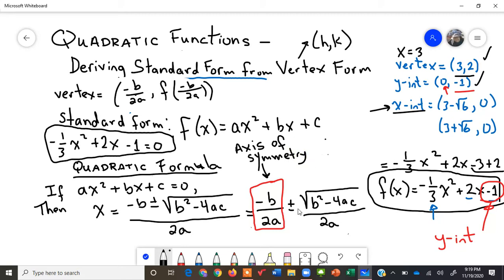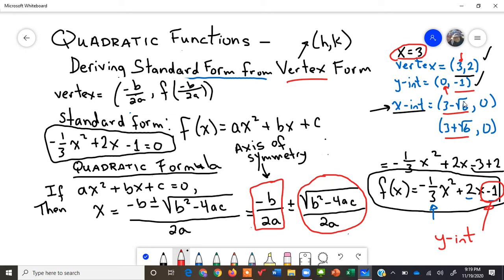So we are adding and subtracting this value to the axis of symmetry. Now, look what we had here as our x-intercepts that we found in the previous video when we were solving the vertex form using the square root method. 3 minus root 6, 3 plus root 6, where 3 is the axis of symmetry, right?